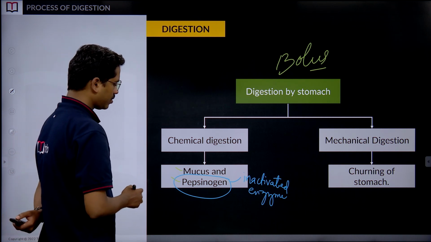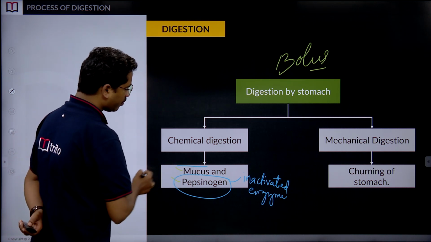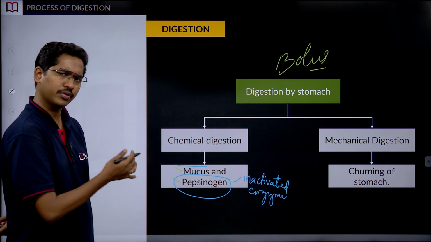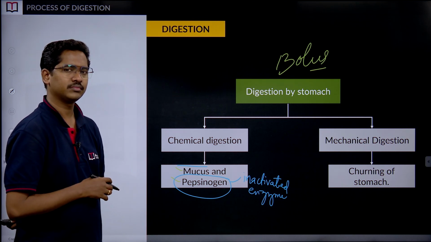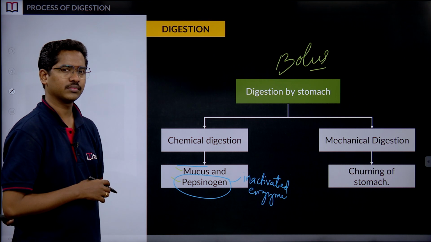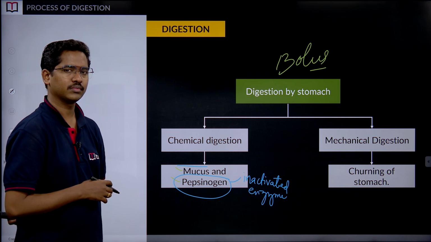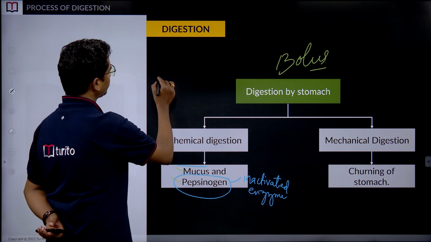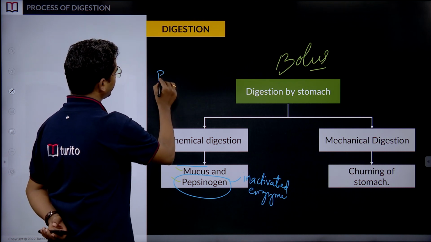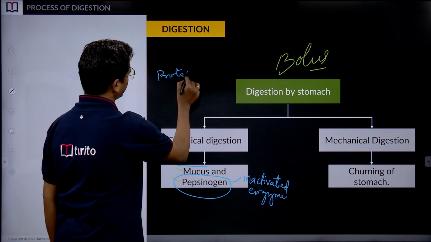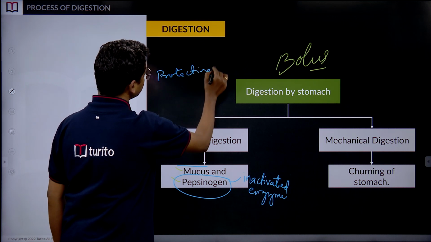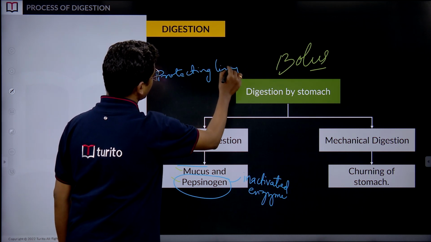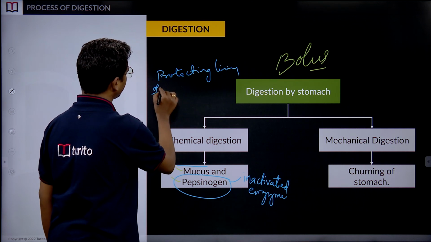Okay, correct. Some of you are saying. So, can anyone tell me what is the function of mucus here? Mucus is also given out. Okay, correct. So, basically mucus helps in protecting the lining of the stomach, isn't it?